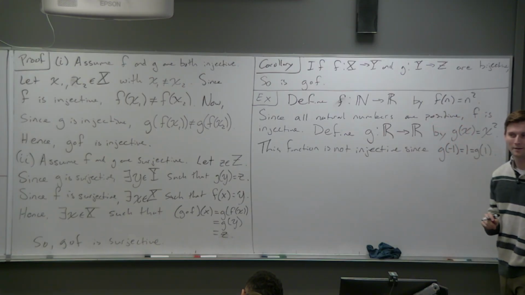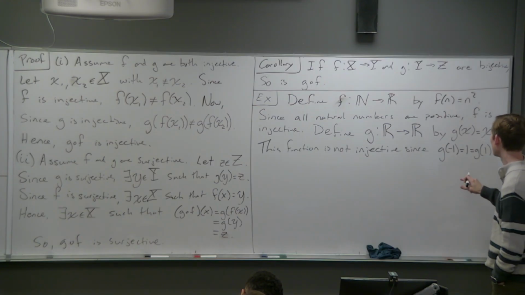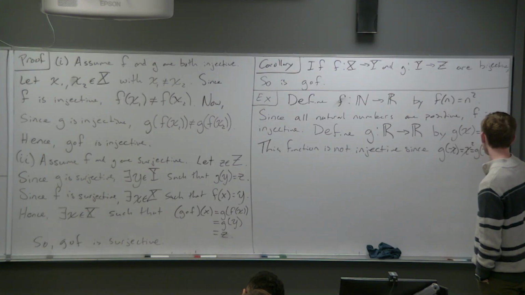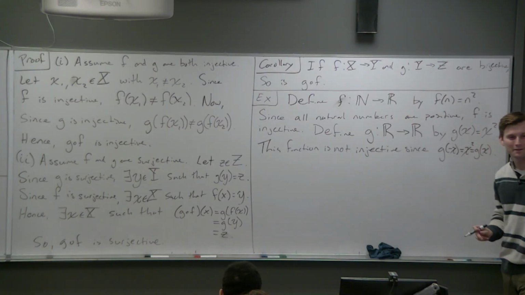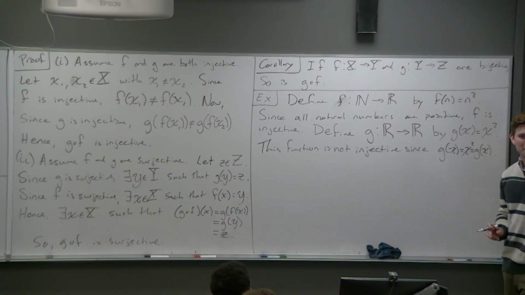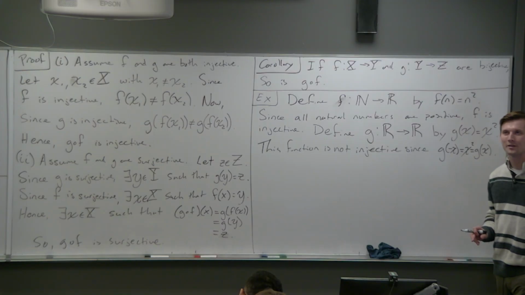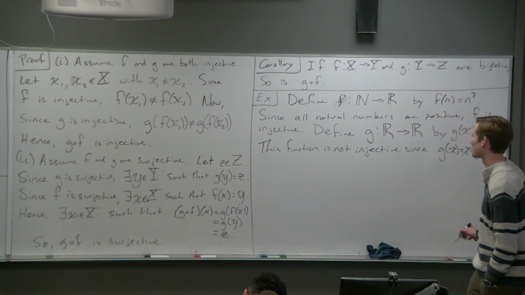Yeah? If you wanted to be more pithy about it, you could say g of minus x is equal to, well, x squared, which is also equal to g of x. Yeah? So in fact, there's quite a lot of values that get sent to the same thing. There's 2 per. Oh, man. Except with the notable exception of 0. One of the only ones where everything is nice. Okay.